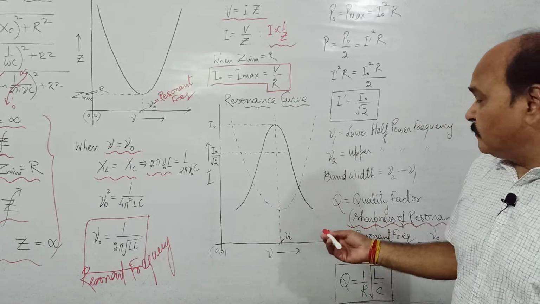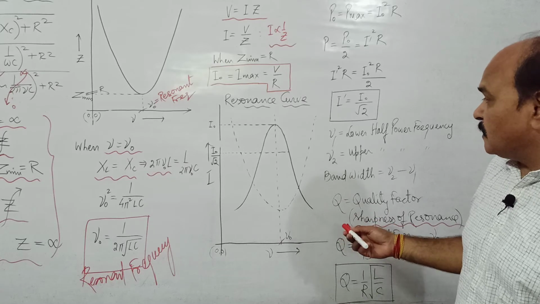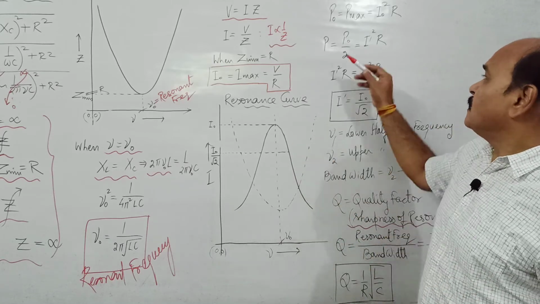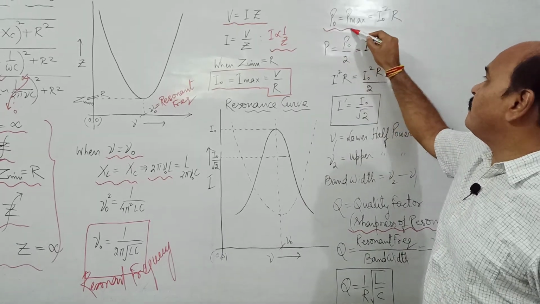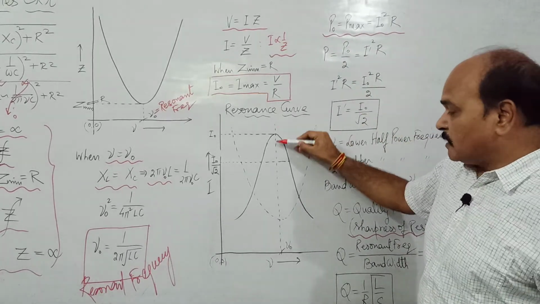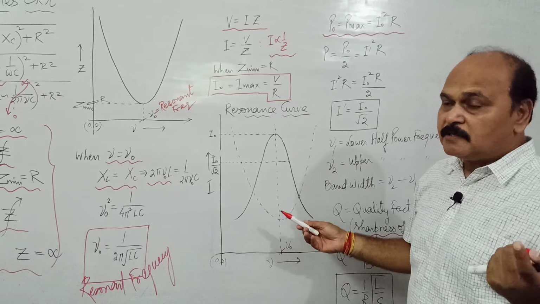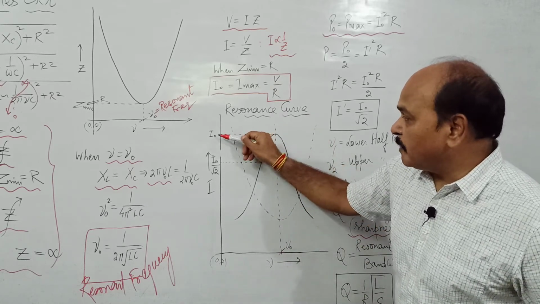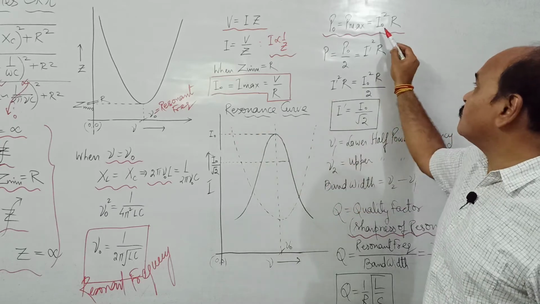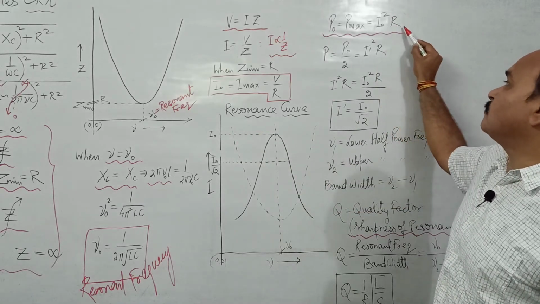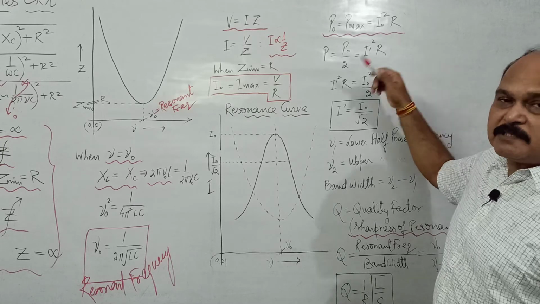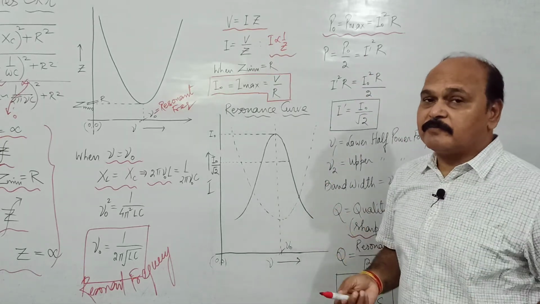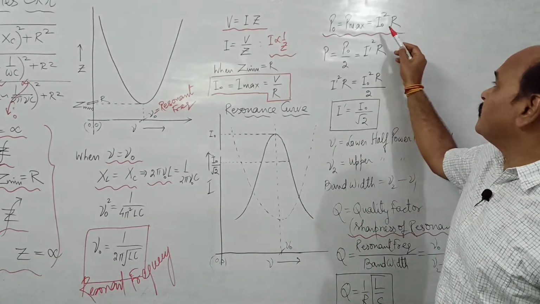And how is that quality factor defined? For that we have to understand what are half power frequencies. Children, at resonance we have maximum value of power. Since the current is maximum at resonance, and R is a constant, the power is going to be maximum, and that maximum value of power is going to be I square R, maximum value of current square into R. When is this power going to become half?